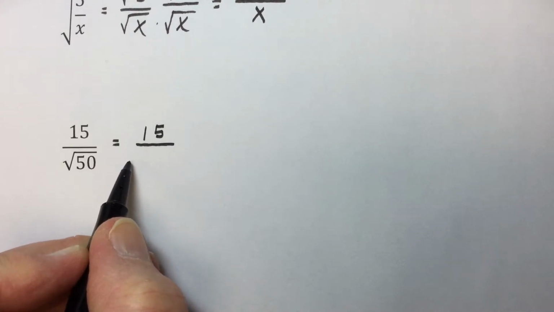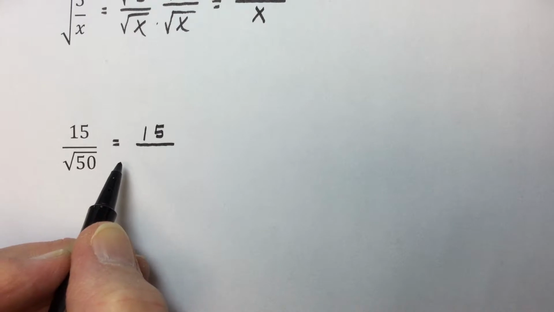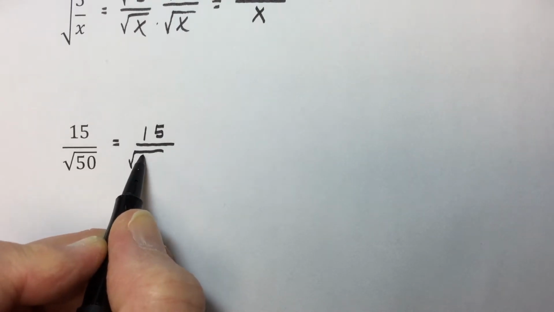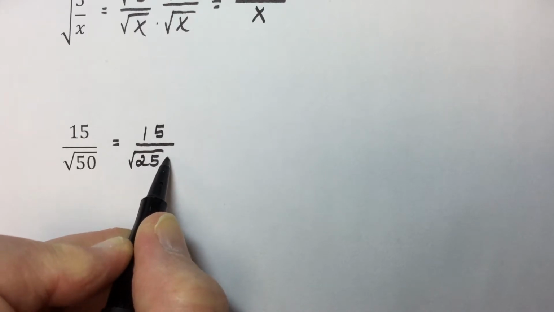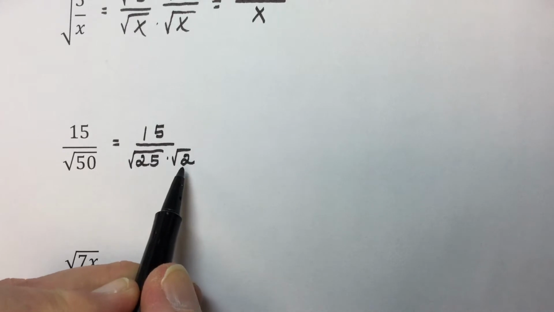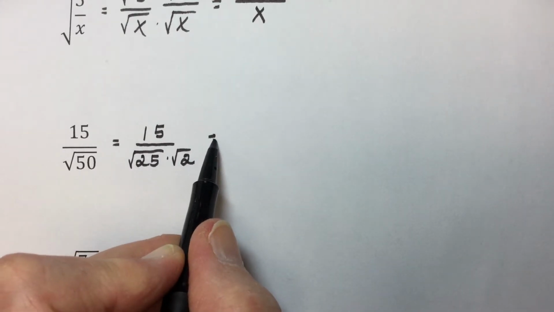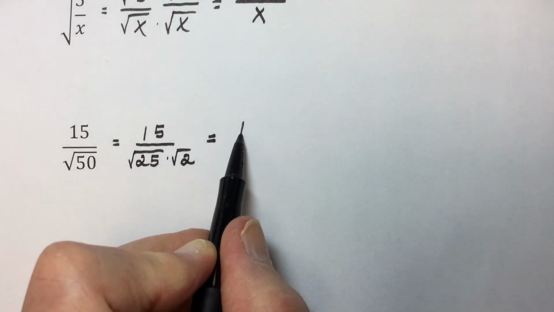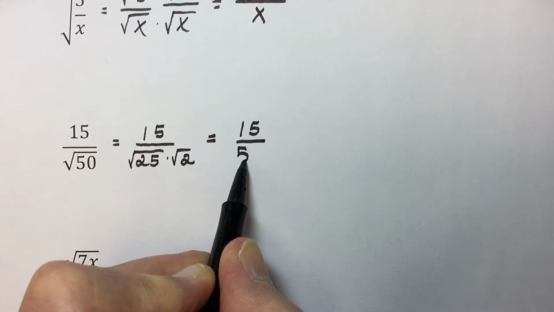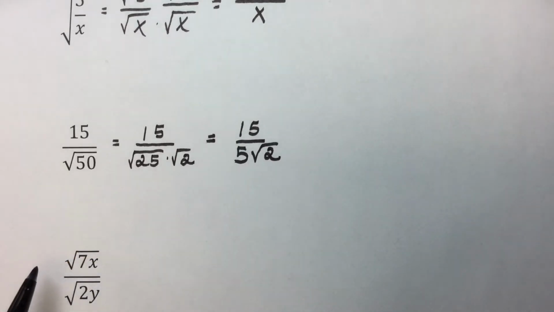Square root of 50, using the product rule for square roots, can be expressed as the square root of 25, a perfect square, times the square root of 2, since these radicands, 2 times 25, is equal to 50. We now have 15 in the numerator. Square root of 25 is a perfect square of 5, and we'll leave the square root of 2.